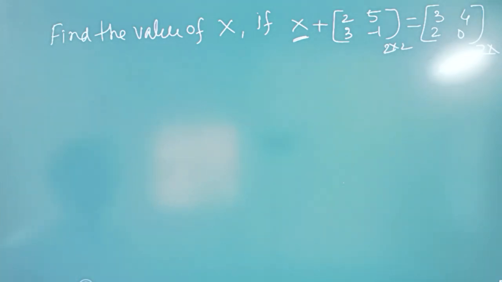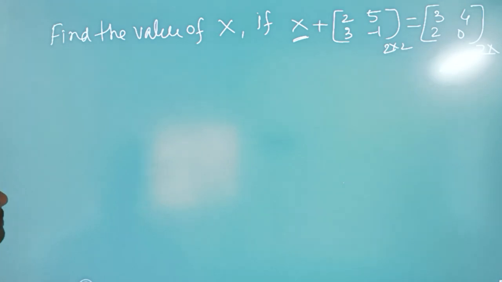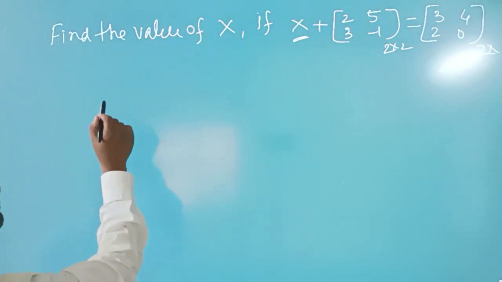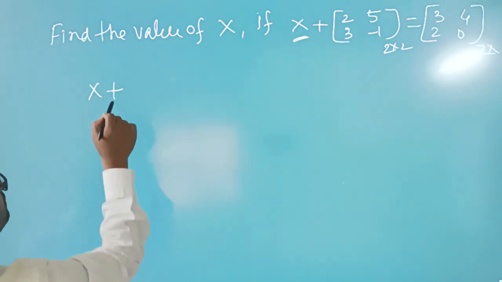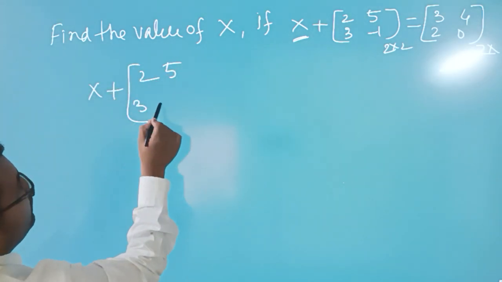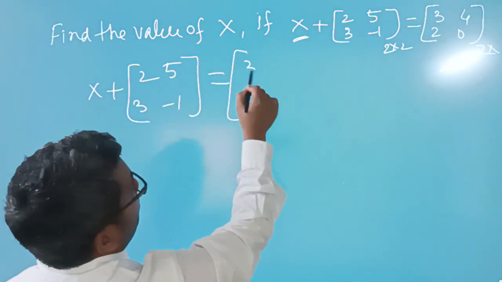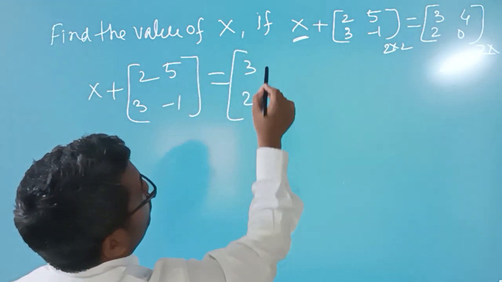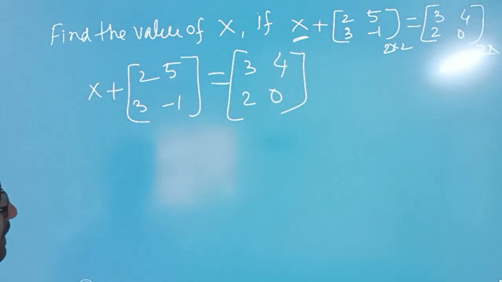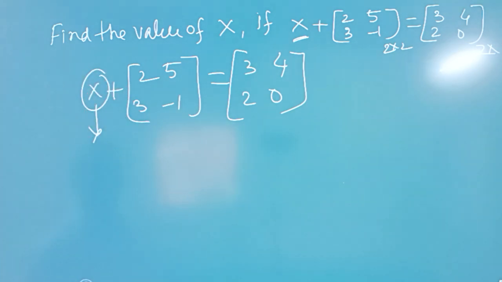We have to find the value of x according to the law of addition of matrices. So x plus 2 5 3 minus 1 equals 3 2 4 0.